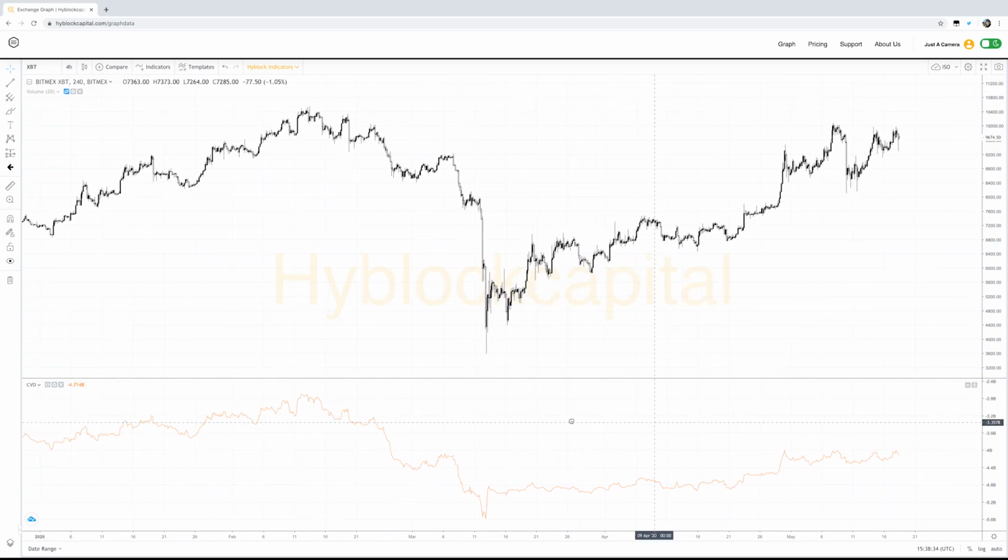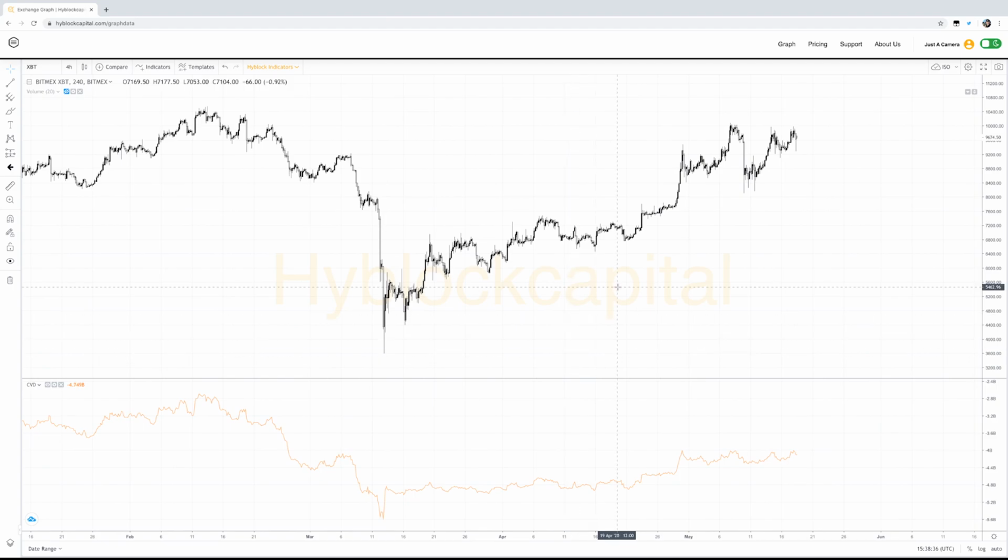And one that I actually just picked up, and I haven't used CVD that much, but I thought this was very interesting, and I took a short position on it, and I marked off basically the vertical lines in the peaks in the CVD.